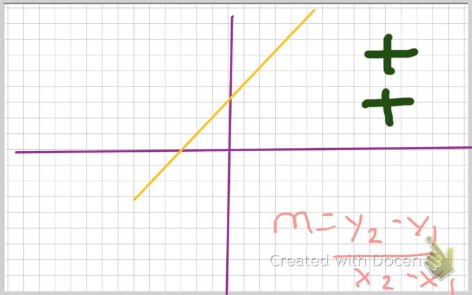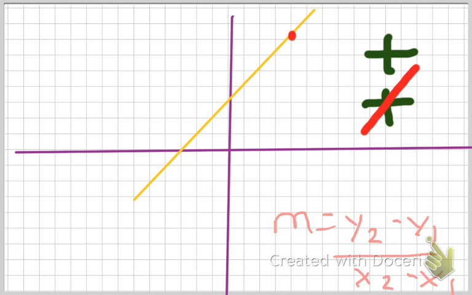So let me show you some examples that wouldn't be good to use for this line. I want to do those spots in red, the ones that aren't good points to use. Right here is not a good spot because it doesn't cross in the middle of the cross marks.